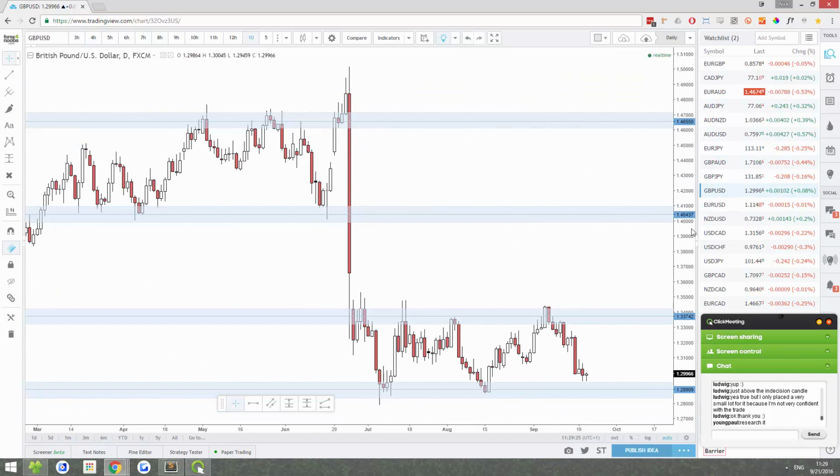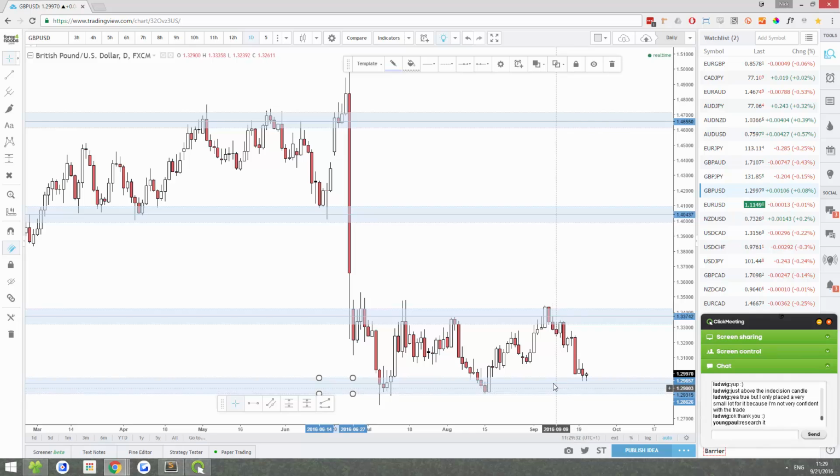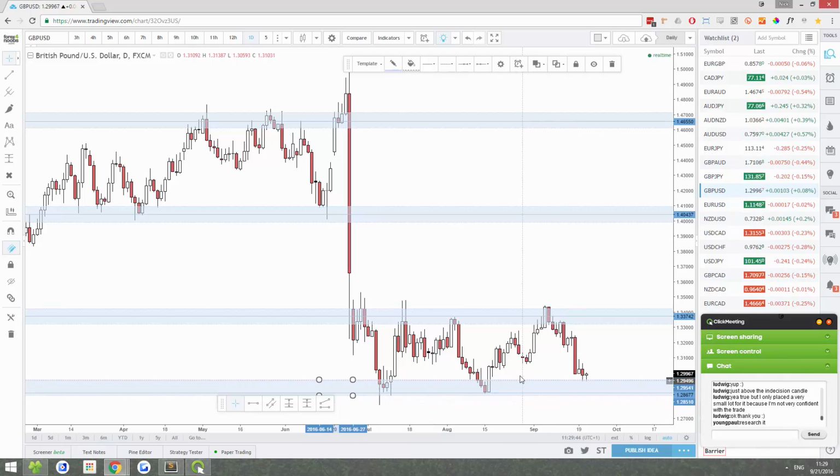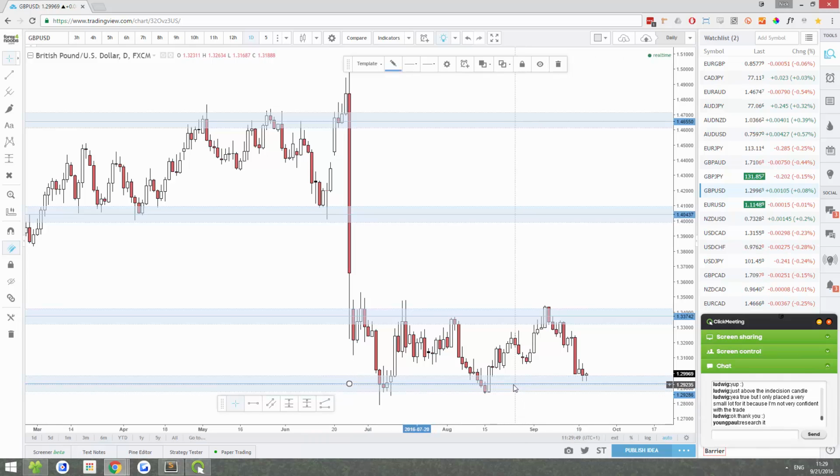GBP USD. All right, let's pull this area up a touch. This is what I mean about dynamic support resistance. If you place your support resistance areas and you become too, let's call it obsessed with saying, well, that is the placement I made and it's not going to move, then you're potentially going to miss a lot of decent setups.